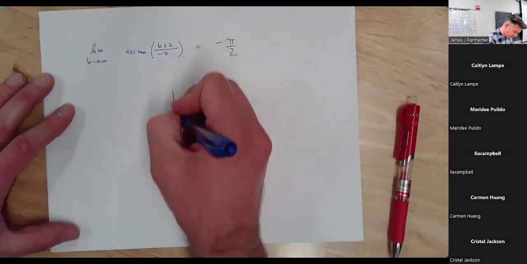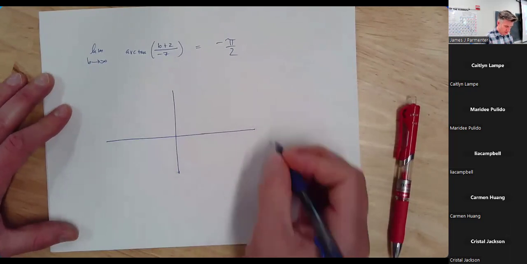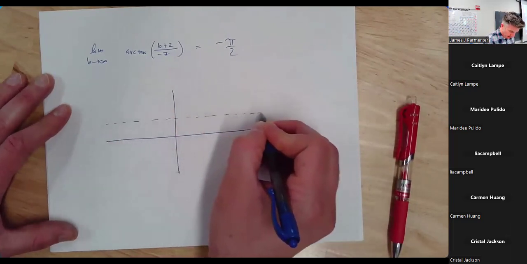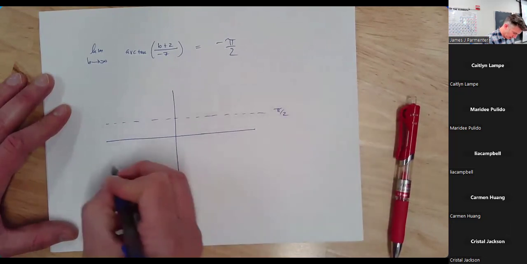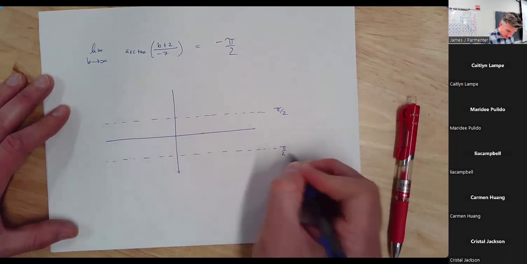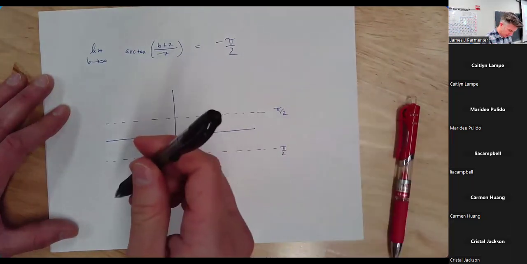Where am I getting these from? I'm getting these from the fact that the graph of the arctangent of x has horizontal asymptotes at pi over 2 and negative pi over 2. And the graph of the arctangent function looks like this.